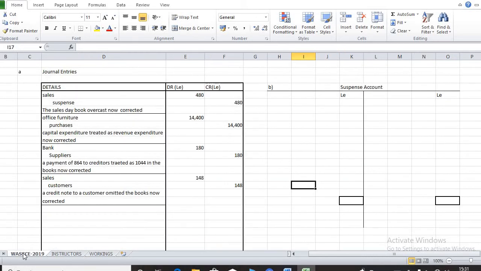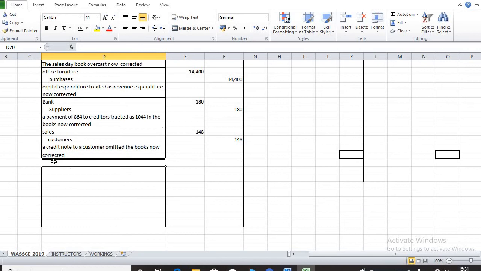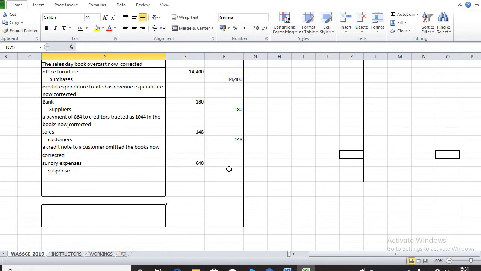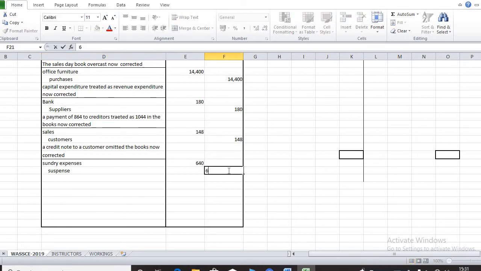So let's go to our workings. The account debited should be written first, and that is sundry expenses, 640. Then the suspense account follows, 640.